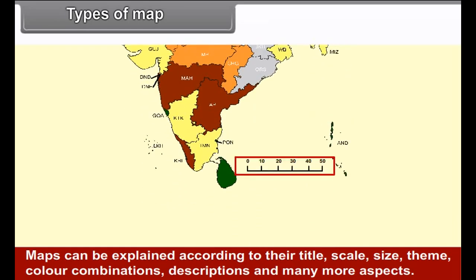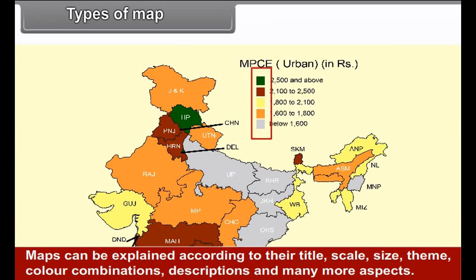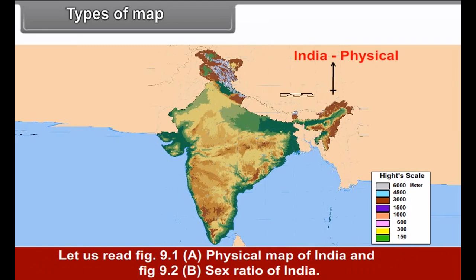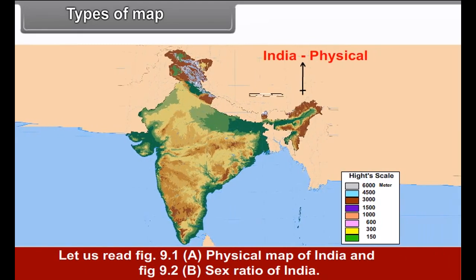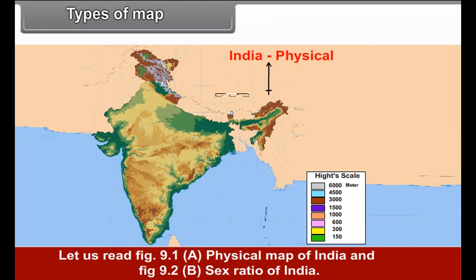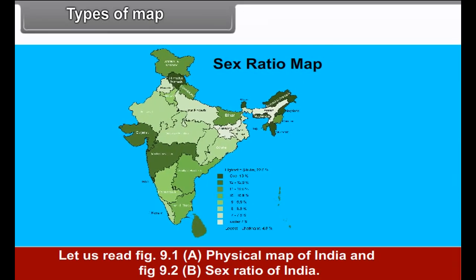This year, let us learn to read, understand, and explain them. Maps can be explained according to their title, scale, size, theme, color combinations, descriptions, and many more aspects.